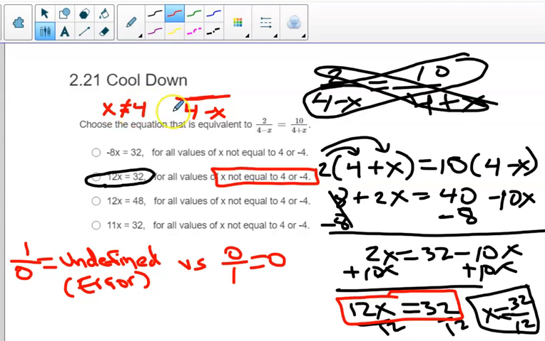We cannot choose 4, because then we have an undefined situation. Same thing on the other side, on the 4 plus x. x cannot be negative 4 in this situation, because 4 plus negative 4 is 0. So that's where these numbers come in.